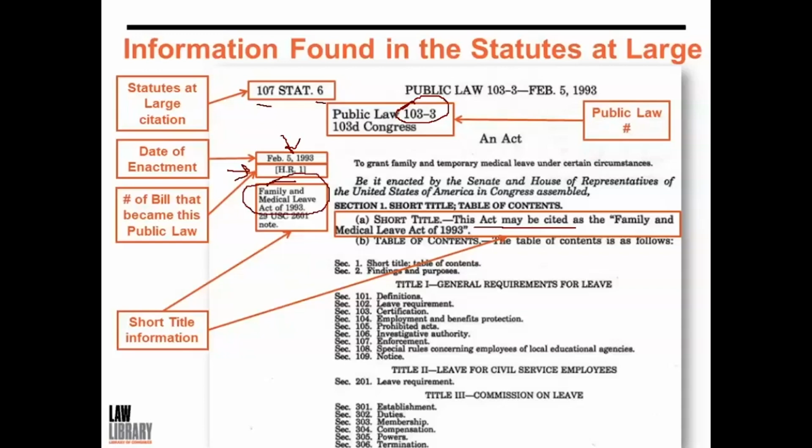Just quickly note that the full title of the bill is up here. And the whole thing, the formal title, is an act to grant family and temporary medical leave under certain circumstances. But we refer to it as Family and Medical Leave Act.